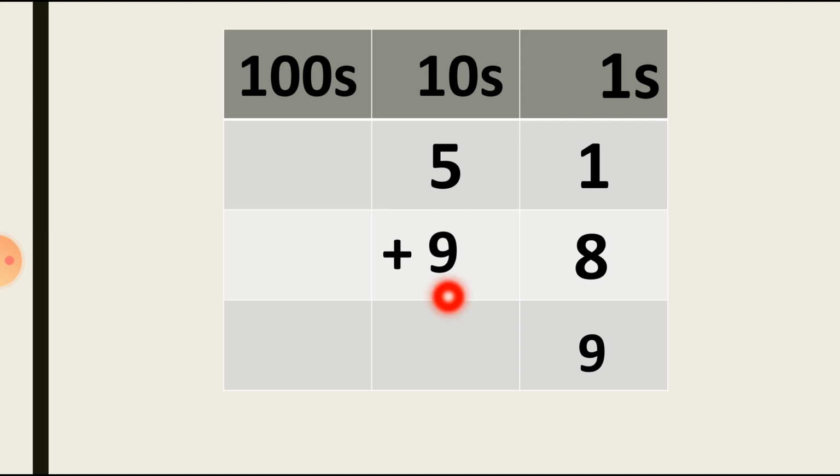Here is the tens column, which is 5 plus 9. How much is it equal to? Just count 9 numbers after the 5. Let's start with 6: 6, 7, 8, 9, 10, 11, 12, 13, 14. So the answer 14 will come.